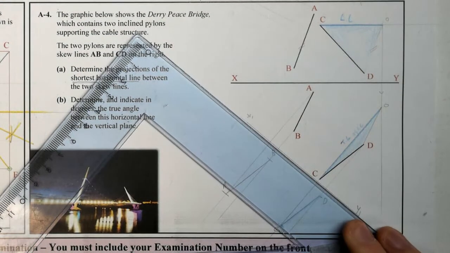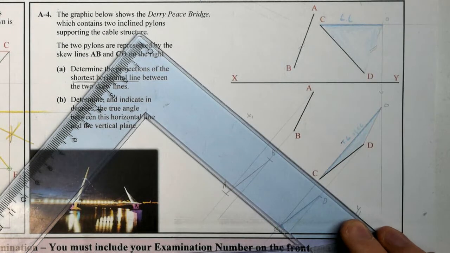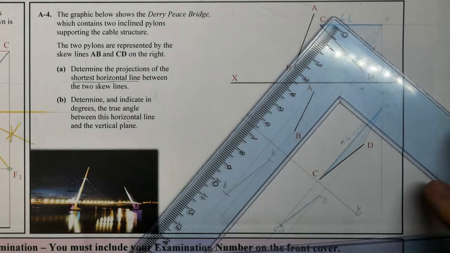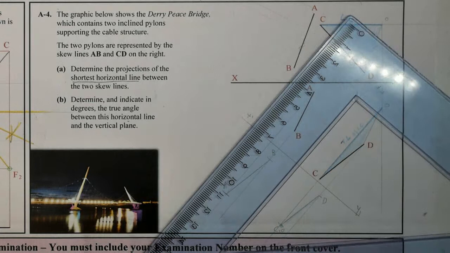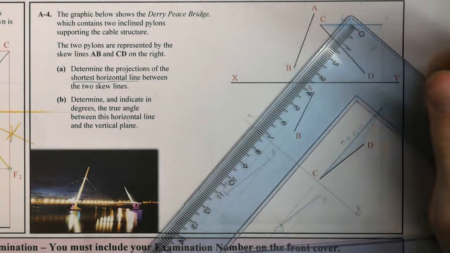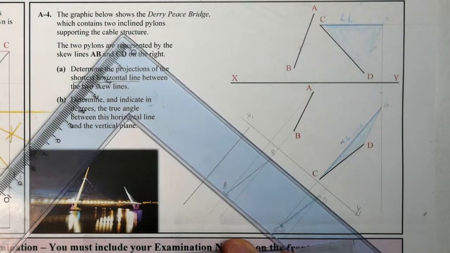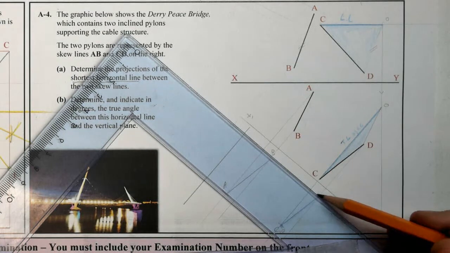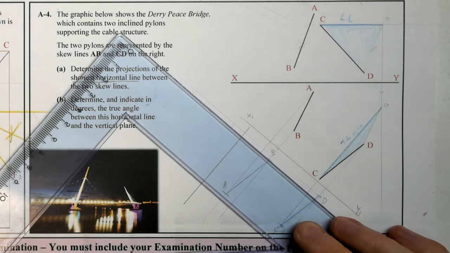Sorry, so sliding set squares. Here's my x2, y2. I'm going to project all of these points.